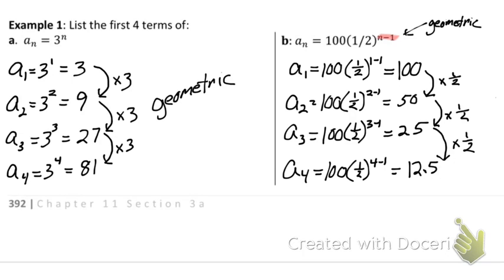So that means whatever number is attached to my n here better be my common ratio too. So we have 3 to the n, so I must be multiplying by 3 over and over and over, which I am. So this is our common ratio that matches up with this. This is our common ratio 1/2, which matches up with those 1/2s that we showed after we found our first 4 terms.